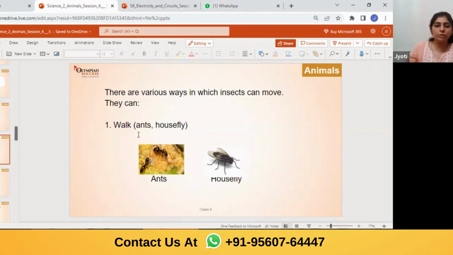Coming to the ants and housefly, they both can walk also. Means the first locomotion they have taken is walk. So under walk they have written ants and houseflies. You can quickly write down number 1, walk, ants, houseflies, so that you come to know which are the examples. Examples can be repeated also.